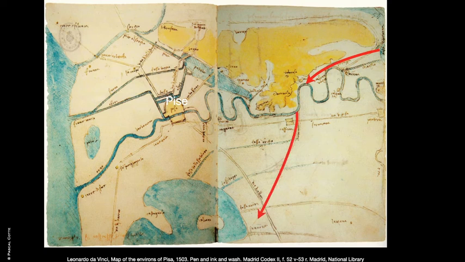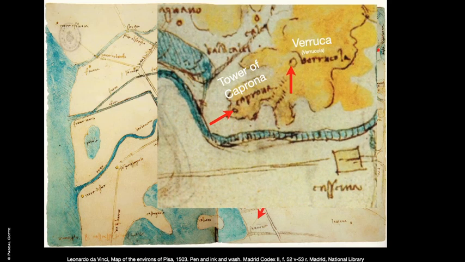Leonardo places the diversion at Cassina, upstream from the tower of Caprona. He explicitly mentions on this map the tower of Caprona and the Verruca. The river bed will be drained at the foot of the tower. The existence of the fortress of Caprona dates back to well before the Renaissance and is already mentioned by Dante.